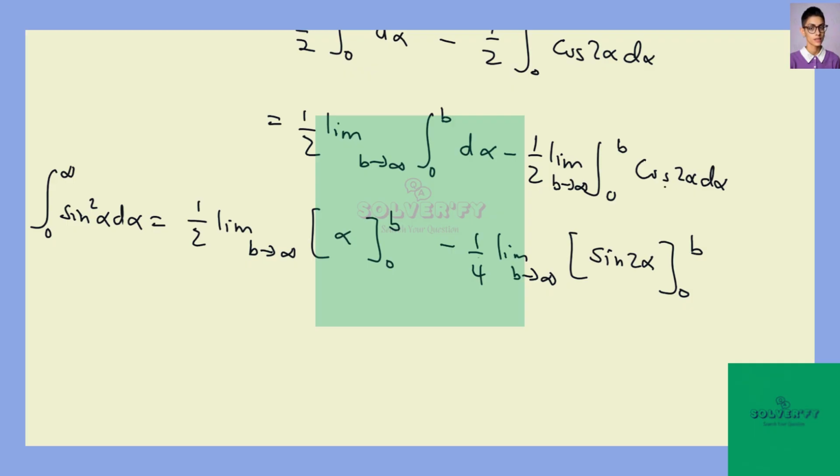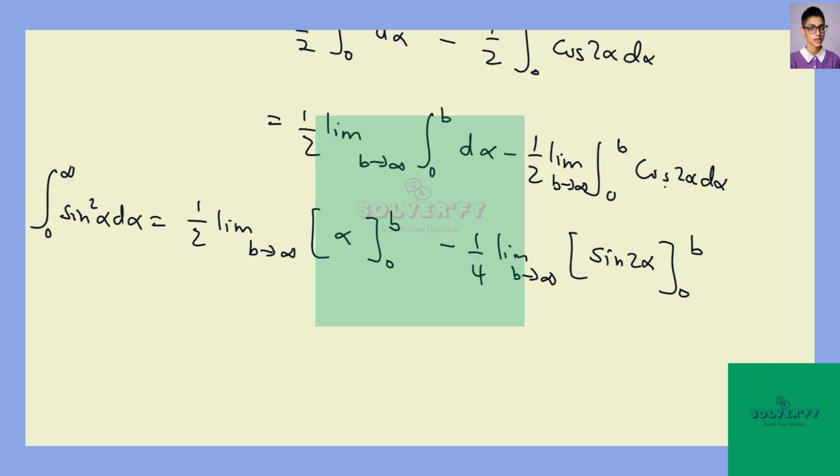So here the first part evaluates to infinity, and the second part also. So here sine of infinity is not defined, and also the limit as b approaches infinity of this does not actually exist.